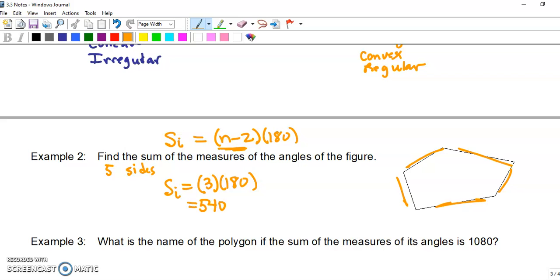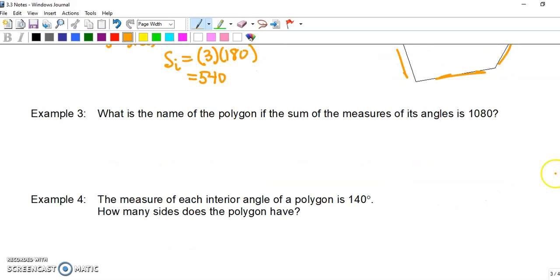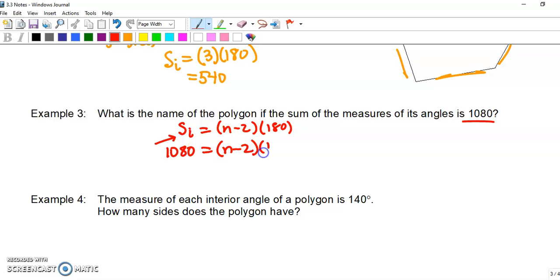Okay, so we can also try working that backwards. What kind of polygon do I have if the sum of its angles is 1080? Well, in that formula, the 1080 goes in for the sum, the S sub i, equals n minus 2 times 180. So I need to solve for n.